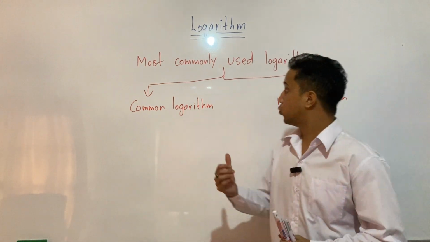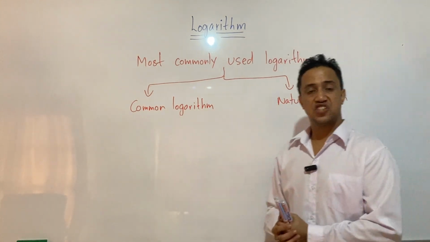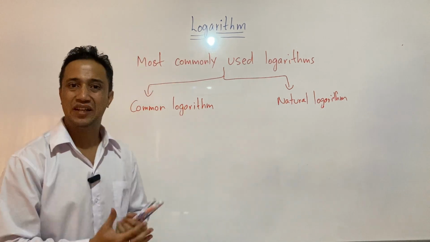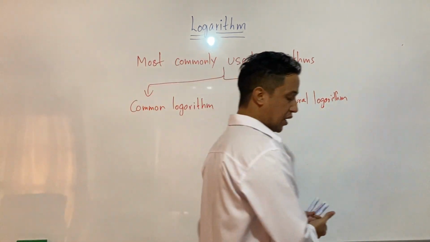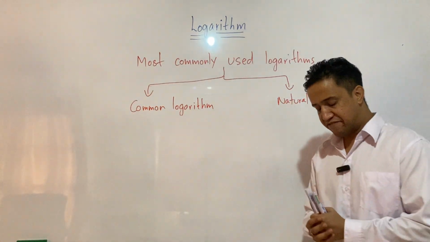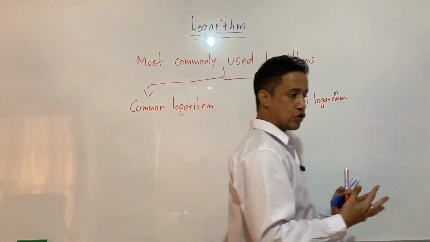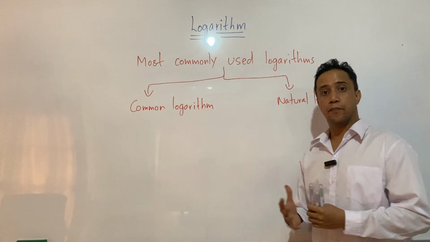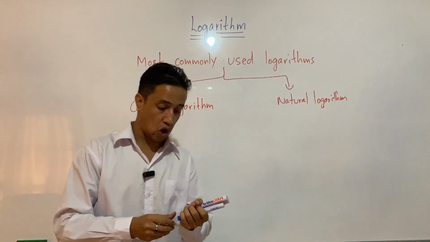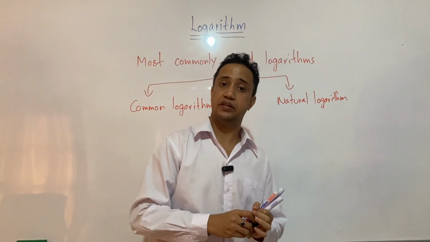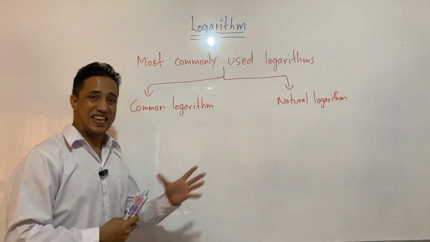In today's session, we are going to start with the most commonly used logarithms. 95% of the times when we are asked to solve any logarithm problem, we are asked to solve it with base 10 or base e.